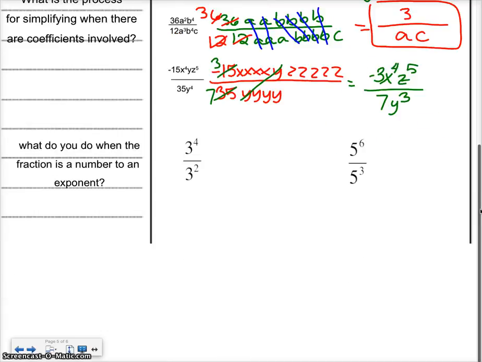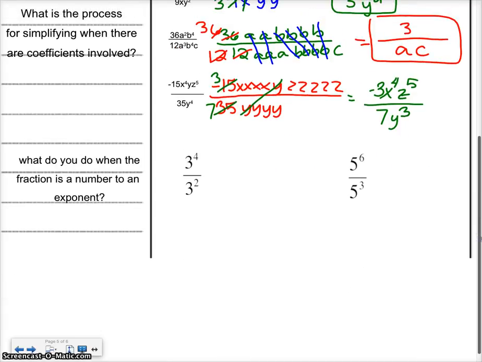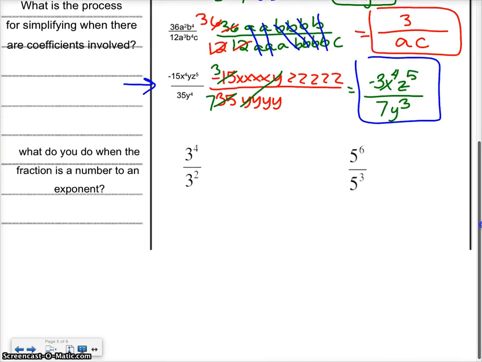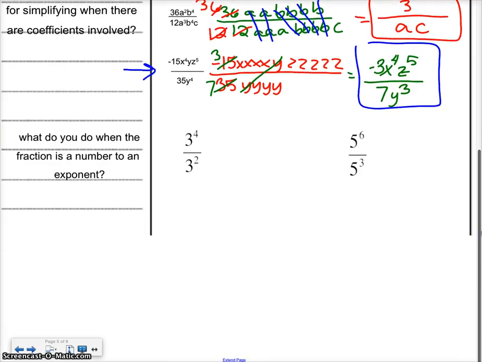Alright, I went ahead and worked out the example above by expanding out, simplifying the coefficients, crossing out what they had in common, and I got that as my final answer. Now I'm going to deal with it with just numbers to a power, where I don't have the x's or the y's or a variable. You still expand it out. So how many 3's do I have on top on this next one? 4.